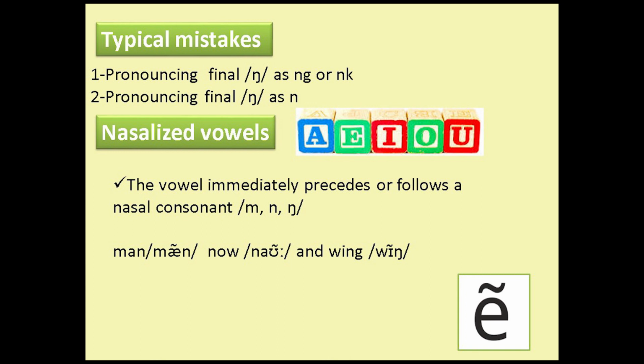Nasalization of vowels typically occurs when the vowel immediately precedes or follows a nasal consonant M, N, N, as in words such as man, now, and win. The nasalization is represented by a diacritic symbol, as you have seen previously. Is it clear? Oh, great!